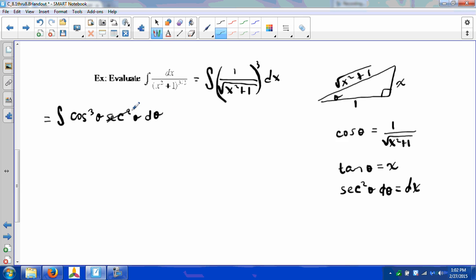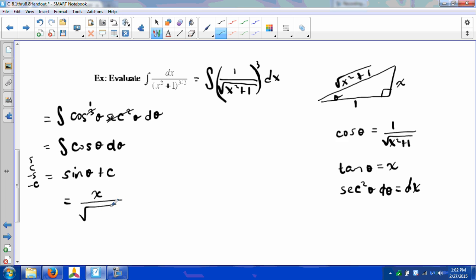Well, secant and cosine are reciprocals, so 2 of those cancel with 2 of those. So then I just get the antiderivative of the cosine of theta d theta, which is sine of theta plus c. And then the sine is opposite over hypotenuse, so that's x over the square root of x squared plus 1 plus c.